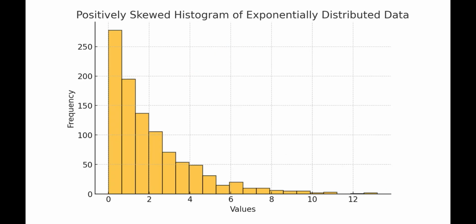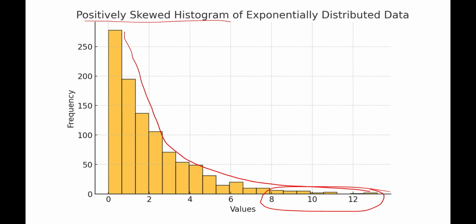Then, this one is the positively skewed na histogram. So, if you will follow the curve, yung mga higher values na data points, they have less influence sa mean. Kasi as you can see here, mababa lang yung kanilang frequency.